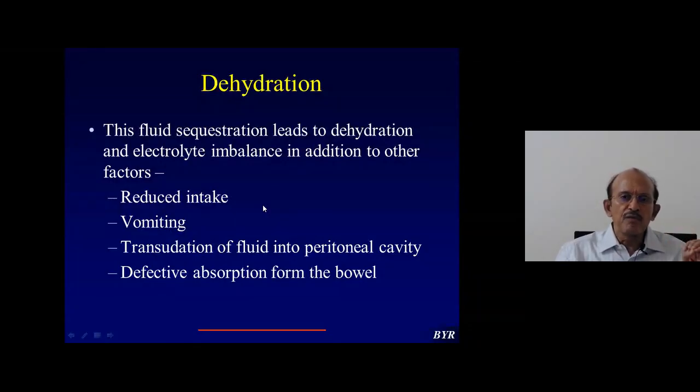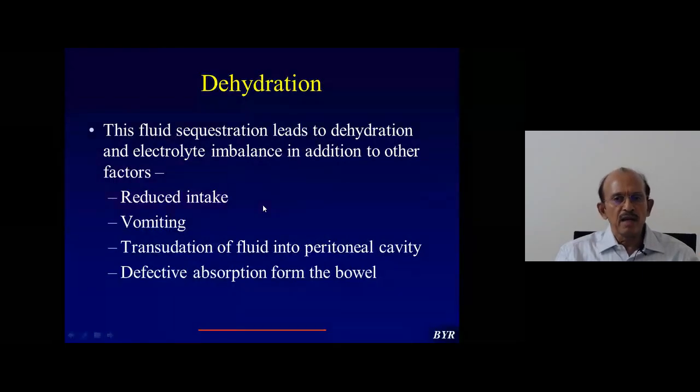From the beginning of intestinal obstruction, there will be dehydration, either mild or moderate. So, though there is no vomiting, the patient can yet be dehydrated because of sequestration of fluid in the gut lumen and due to impaired absorption of that fluid into the intestinal tract.